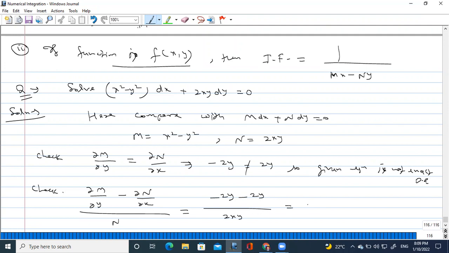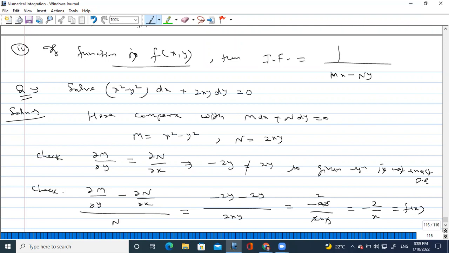This is minus 4y divided by 2xy. So 2 to 2 and y to y cancel. It is minus 2 by x, and this is the function f(x).